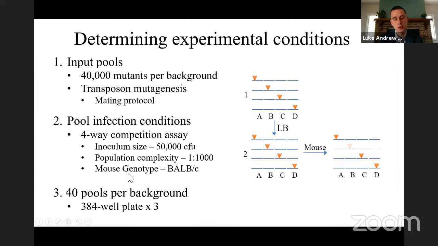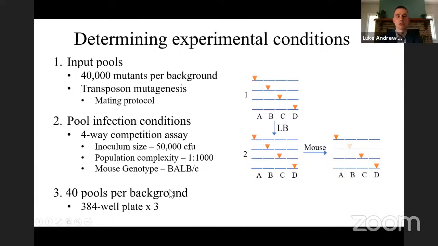And we also tested a couple of different mouse genotypes to see if that significantly affected either of these parameters. And the take home was that we did this experiment in valid C mice. So based on this limitation of a population complexity of about 1,000 mutants, we took that total number of 40,000 and decided to make 40 independent pools in each background.